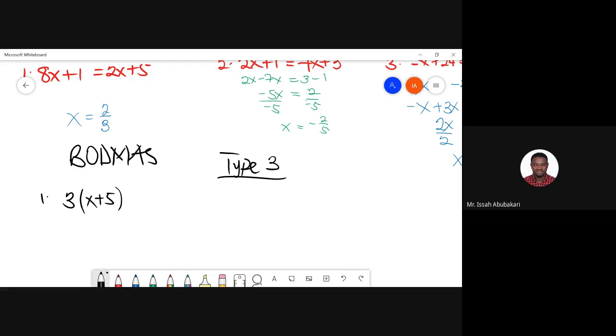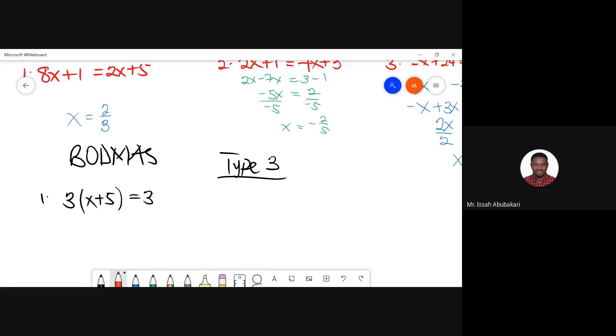should be equal to, let's say, 3. Okay, like this.